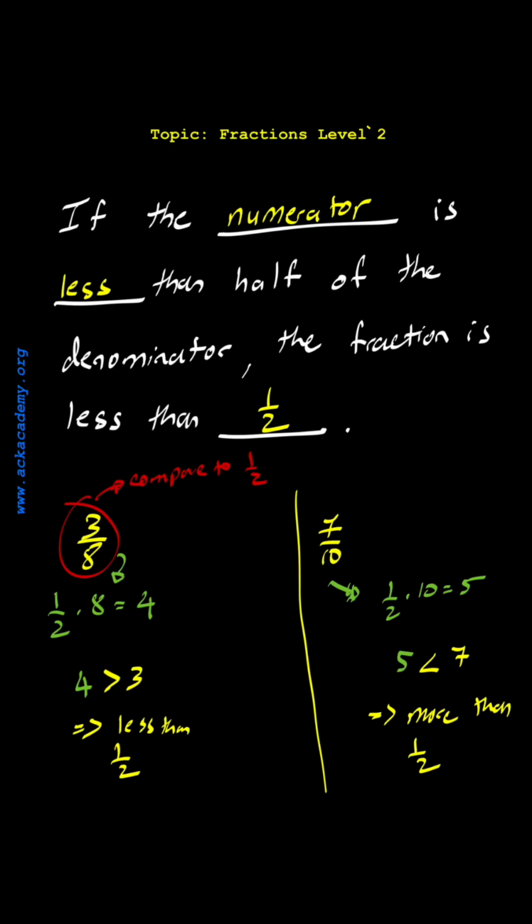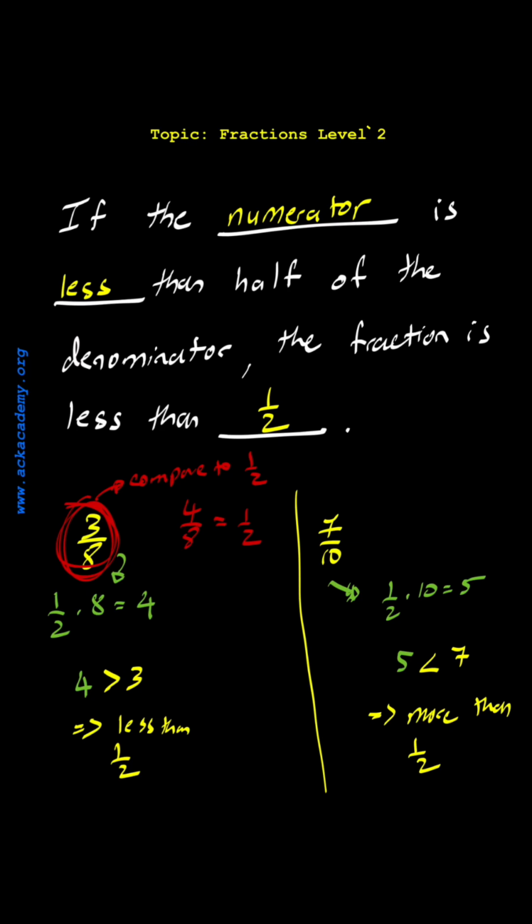Now, we know that the denominator is 8, and because we know that the whole is 8, we can ask ourselves, what would make this a half? That would be if this was 4 over 8. That would make it 1/2, right? And we're actually just comparing the 3 over 8 to this 4 over 8.